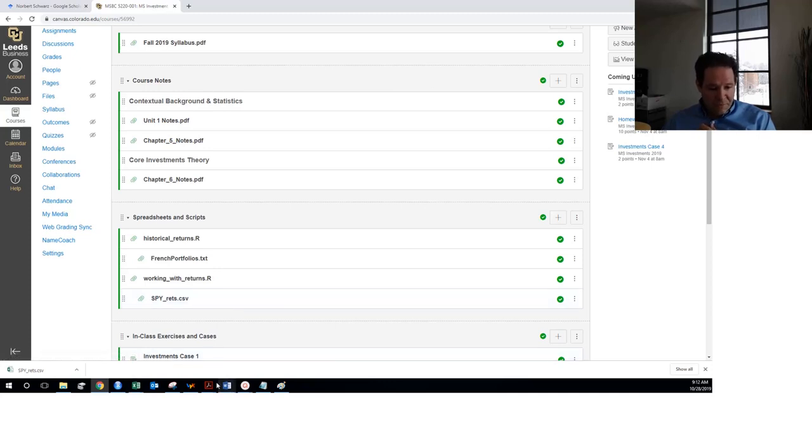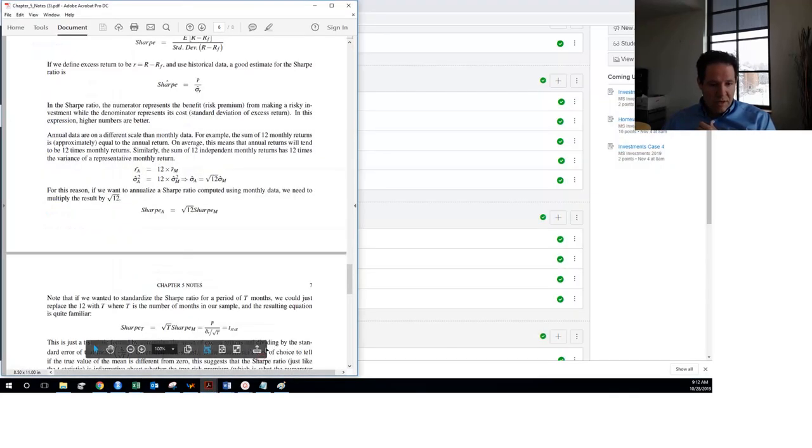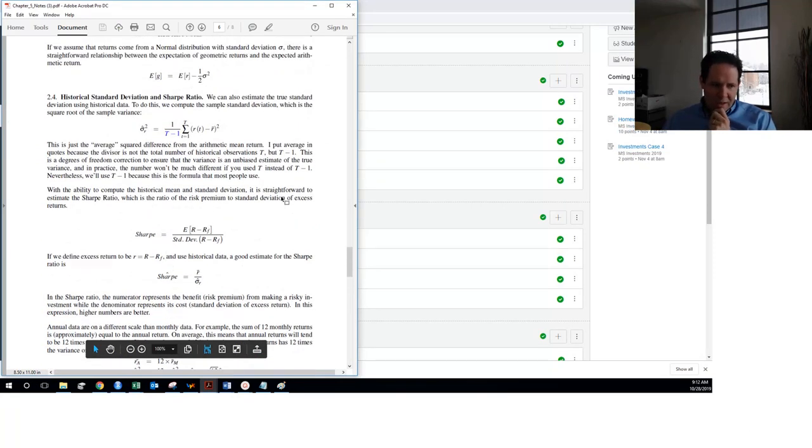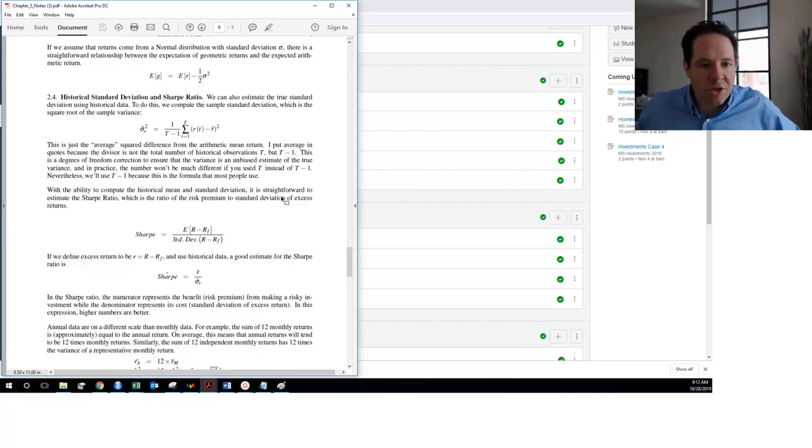Okay, so let's get back to where we are in the notes. We've had in our quant class this notion of what the sample standard deviation is. We think of this like when we were thinking about the arithmetic mean as an estimate of the expected return for the next holding period.